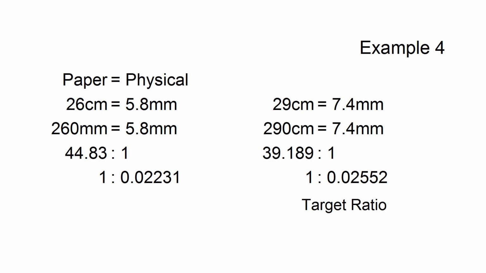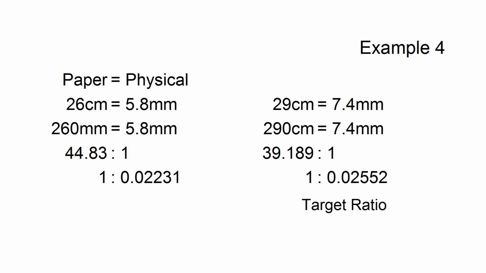The value of this is that the target ratio is still always the larger physical side number. So we notice that the ratio of 1 to 0.02552 is larger when we look at the physical side than 0.02231. It's the same logic where the larger reduction is what's required. However, when the reduction goes below 1, we're actually doing a magnification.